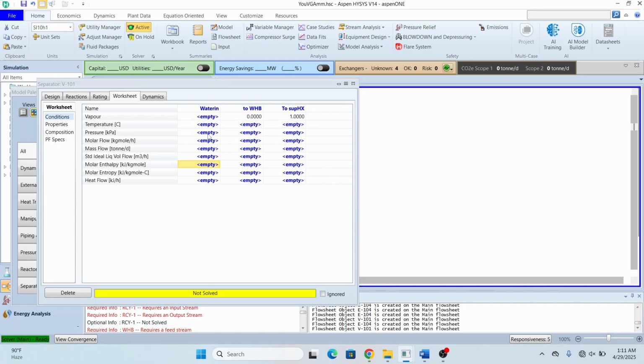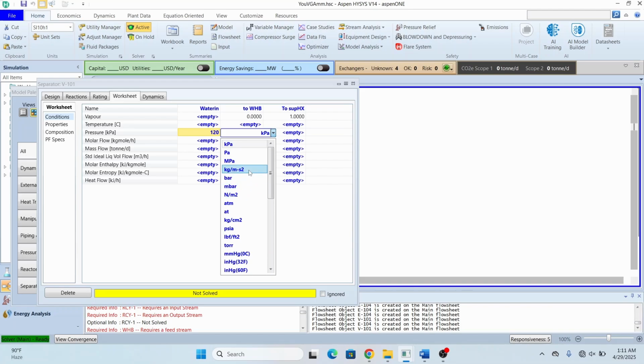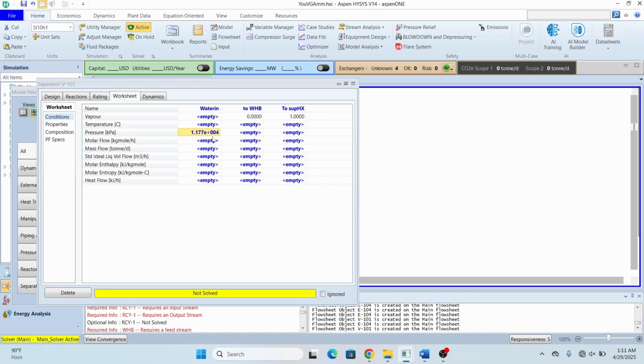The pressure I will specify over here is the pressure of the steam that we want to make. So I am using 120 bar for my pressure. For the molar flow, or ton flow rate, you can use 1000 tons per day of steam.